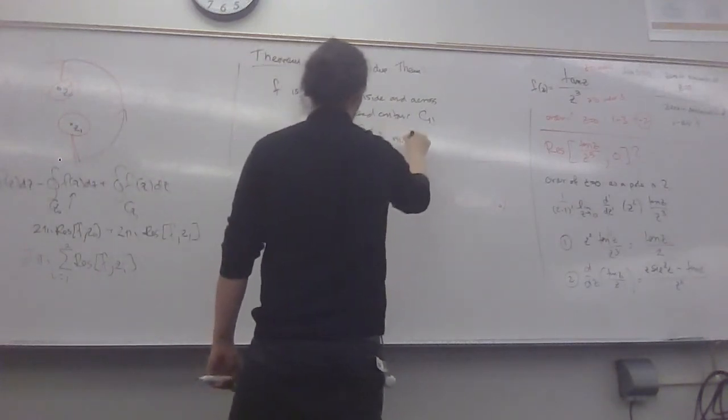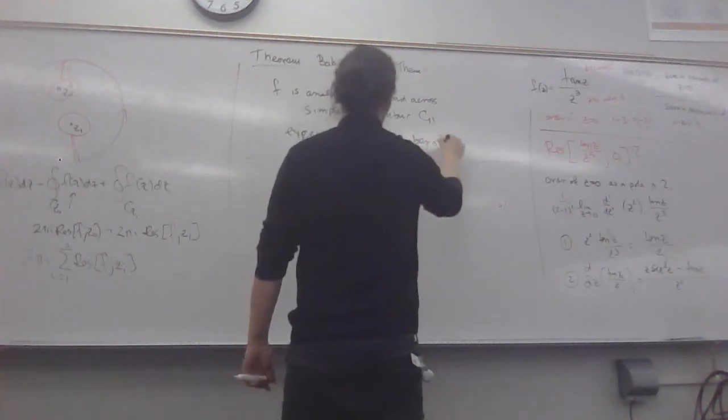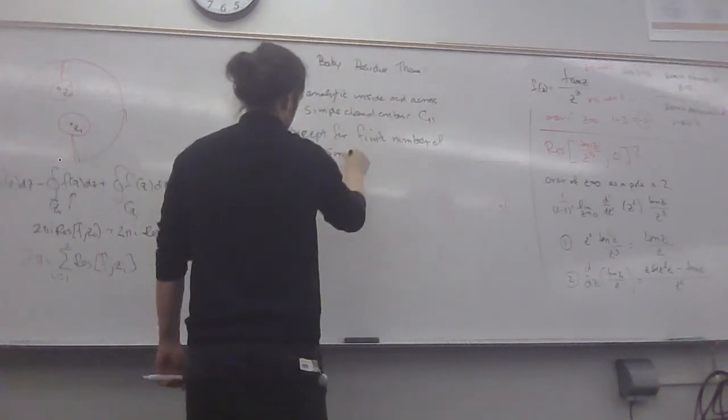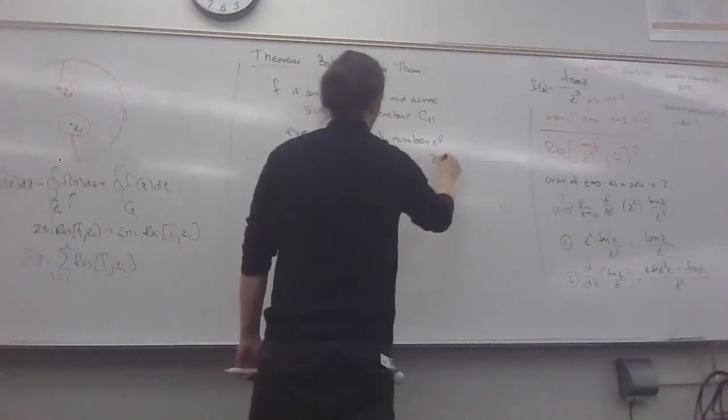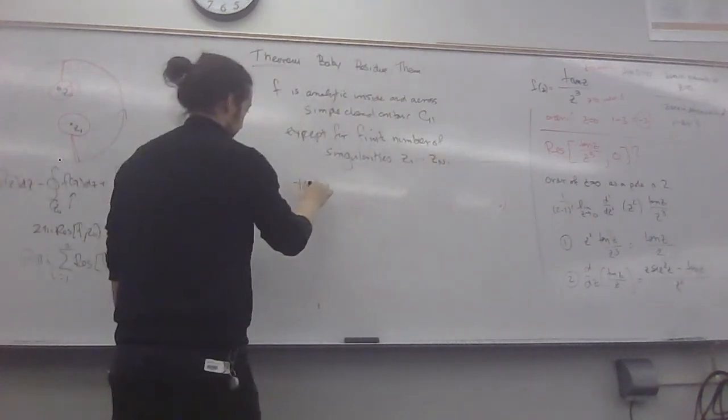We don't use poles. A finite number of singularities z1 up to z capital N. Then it's just this idea.